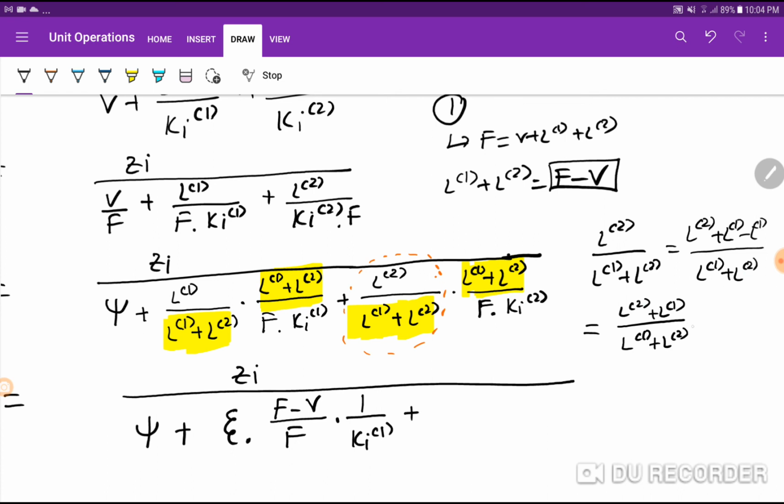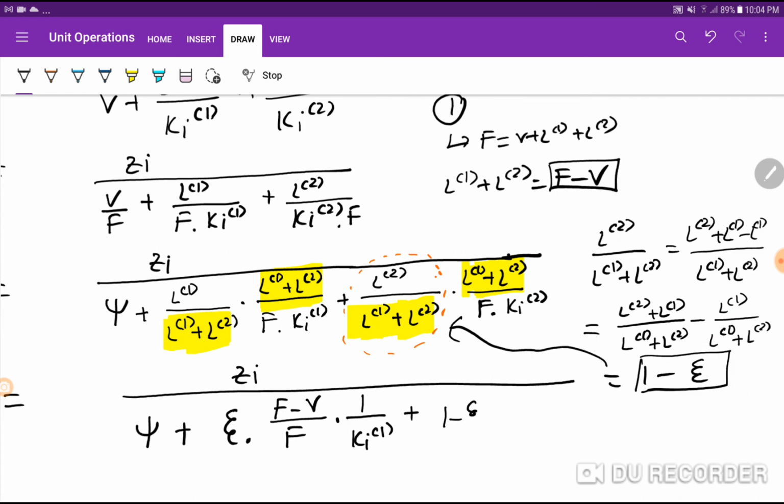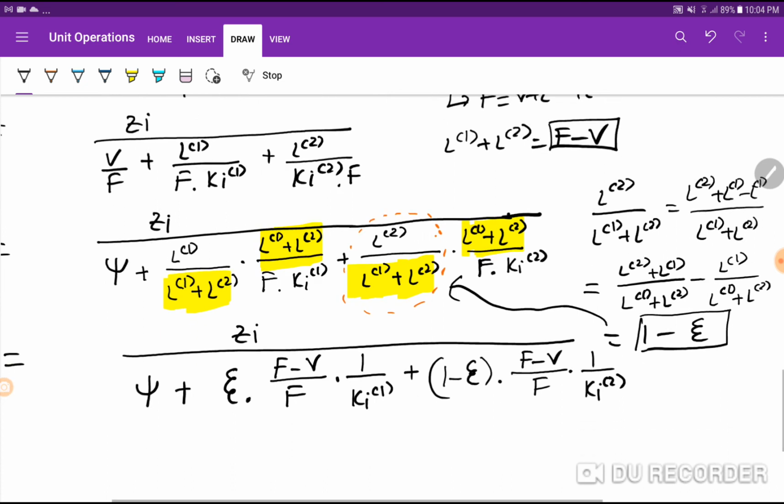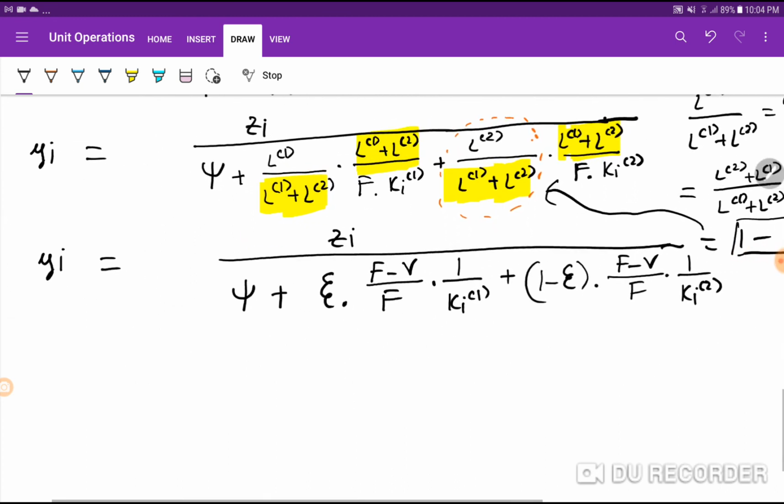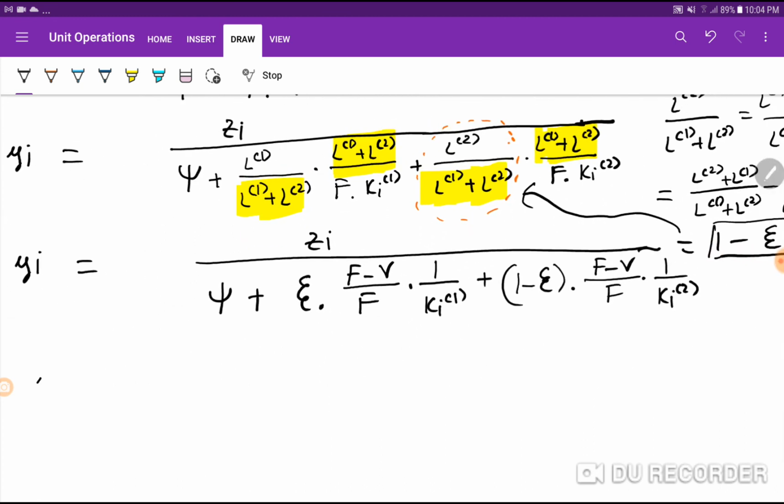Oh my god, guys, don't forget to bring your pillow when you watch the video. My sincere apologies. Okay, so this one will be 1 minus L1 over L1 plus L2, which is epsilon. Okay, I'm gonna substitute that into here. So it will be 1 minus this times L1 plus L2, replaced with F minus V over F times 1 over Ki2.